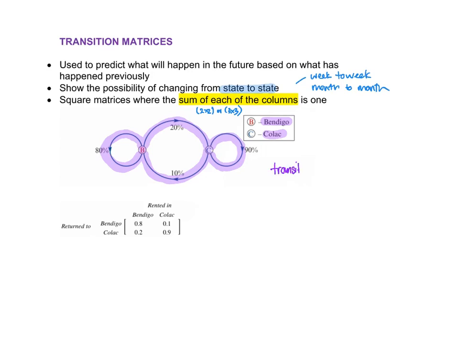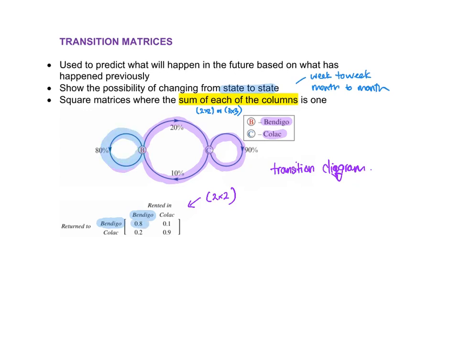So from a transition diagram, we can set up a transition matrix. Here is a 2 by 2. So we have Bendigo. We said from Bendigo, you rented and you returned to Bendigo was 80%, and that was that 80% there.